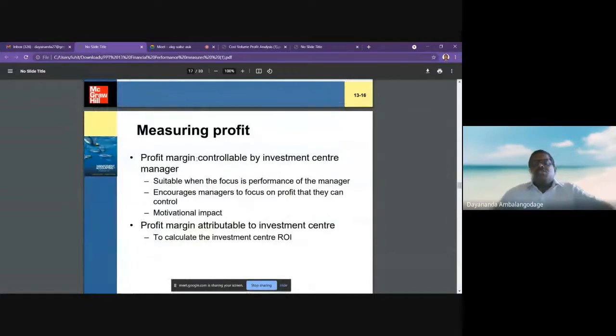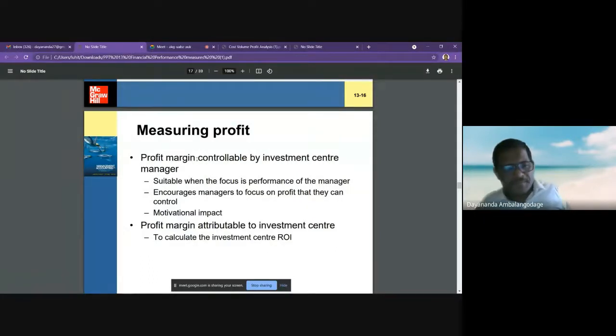Profit margin should always be controllable by the investment center managers. You take the controllable profit, so you take the controllable income and controllable expenses. Uncontrollable expenses cannot be put under the investment center manager.